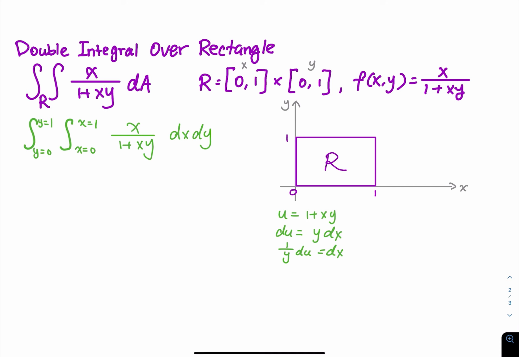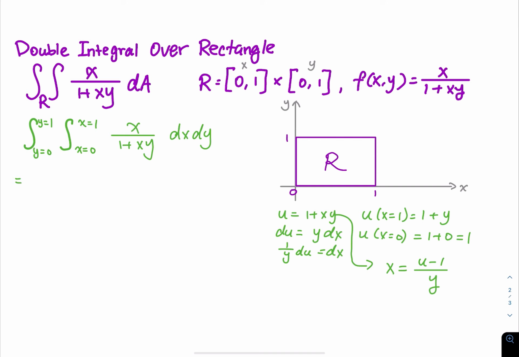We have to change the limits: when x is 1, u is 1 plus y, and when x is 0, u is 1 plus 0, which is 1. We also have to write x in terms of u, so x equals u minus 1 divided by y.